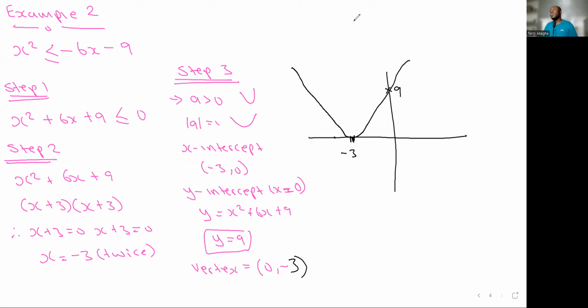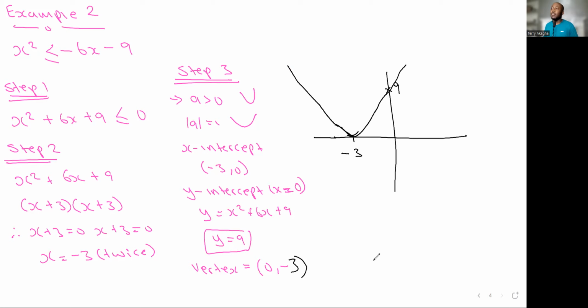Minus 3. So it's touching it at this point here, that is minus 3.